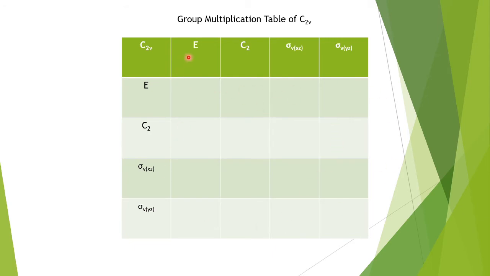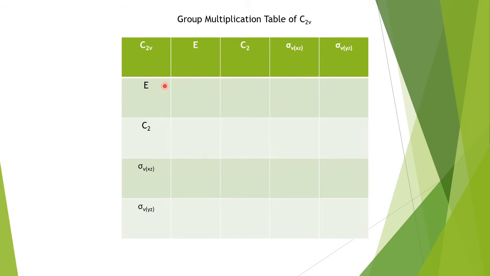Okay, and here there is one thing I need to mention. We have to perform the symmetry operation in the row first and then the column. That is, if it is E into E, we have to perform the identity operation here, E on the first row into E in the column.